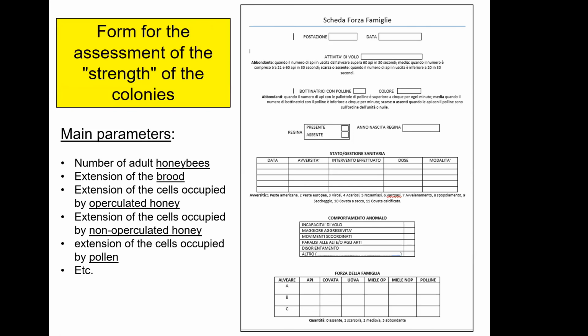It considers various parameters, of which there are the number of adult bees, the extension of the brood, and also the extension of the provisions, both of honey and pollen, and so on. It is carried out by filling in the sheet reported here.